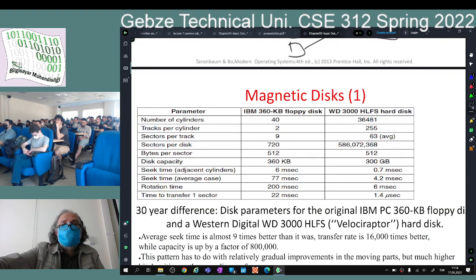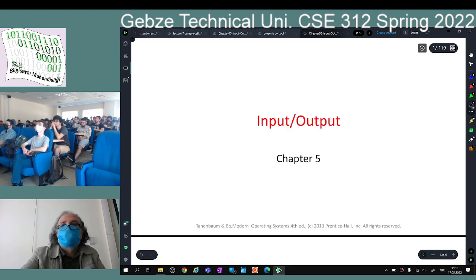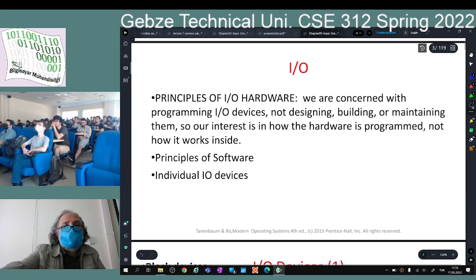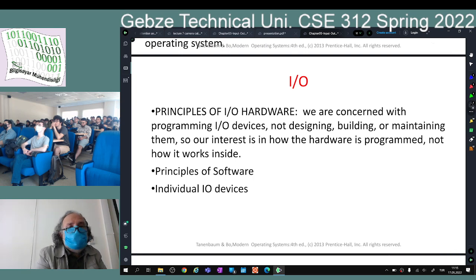Let's move on. Remember what we said at the beginning of the chapter. We said that we are going to look at principles of I/O hardware. We did that.